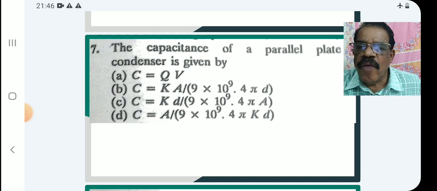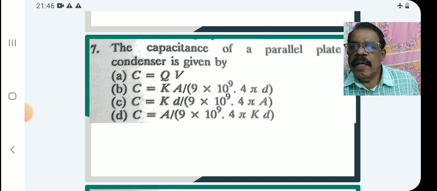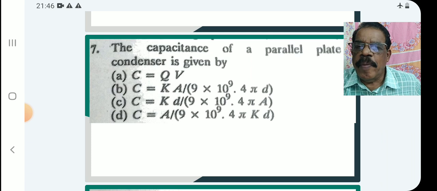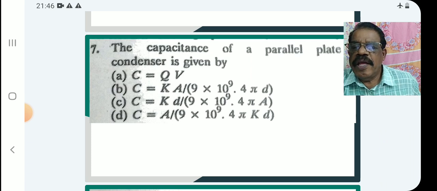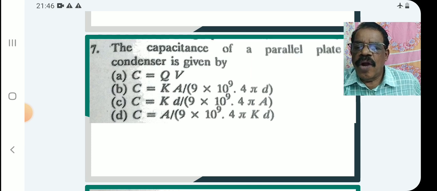What we have to note here is, remember the relation, epsilon 0, epsilon R, A by D. That you remember. 1 by 4 pi epsilon 0 is 9 into 10 raised to 9.